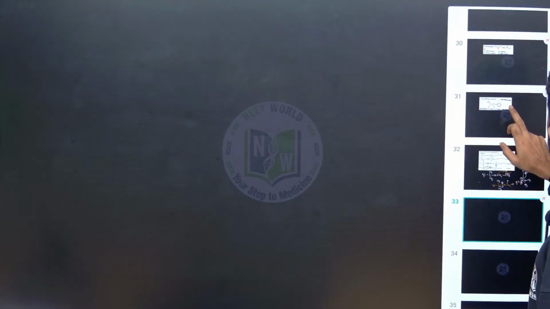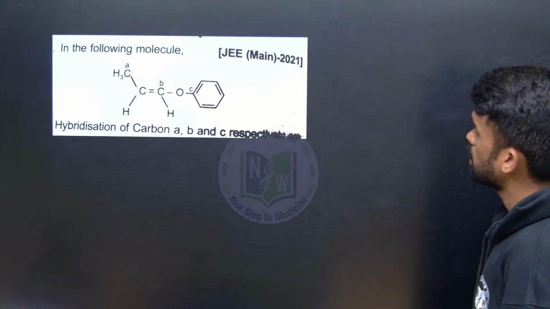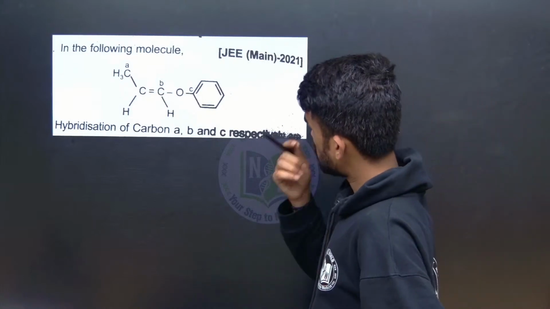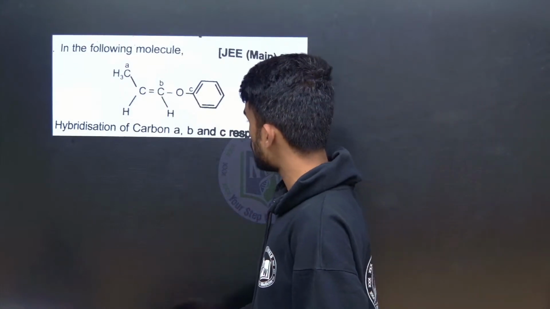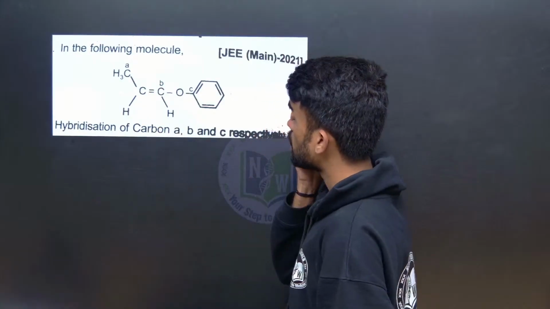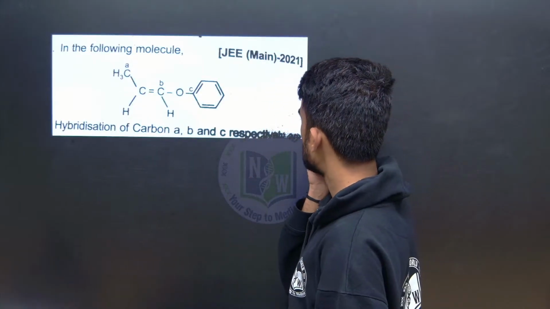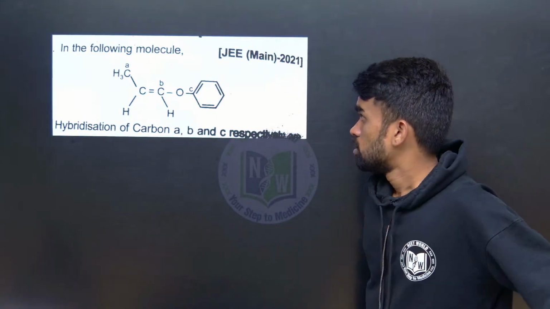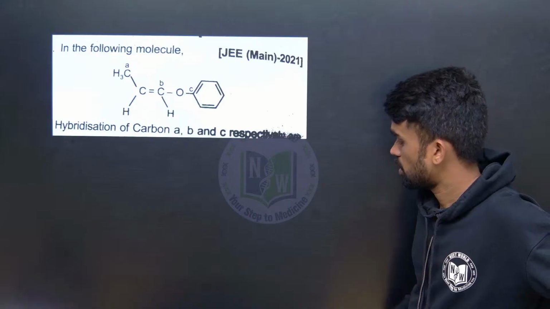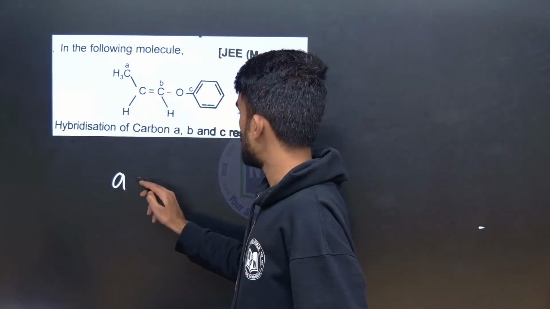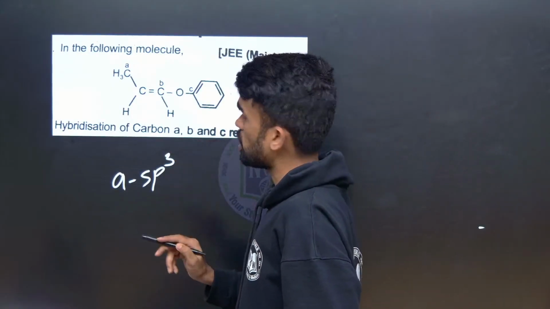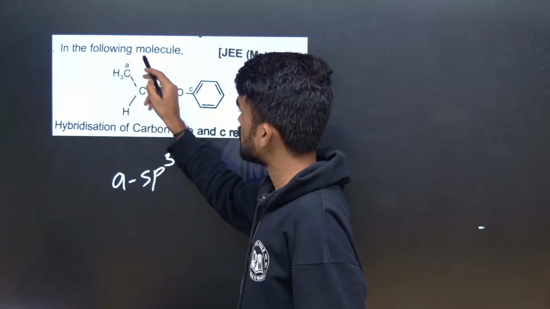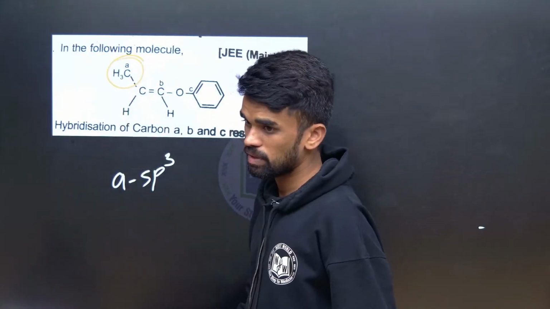Here I have one question for you. Yes, tell me. What is the hybridization of carbons in this compound? A, B, C are the carbons. Identify their hybridizations. For A, sp3. Why sp3? Four sigma bonds are there around this, so we can say sp3.